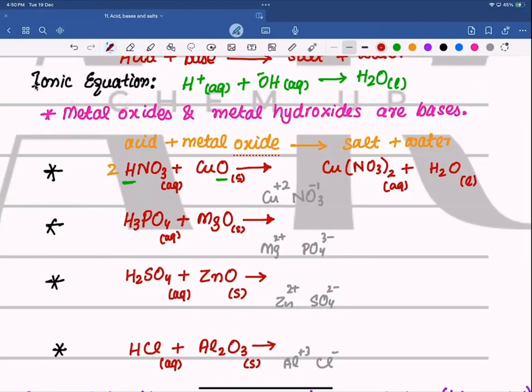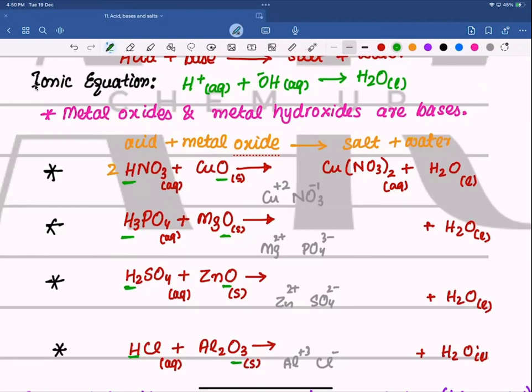Done? Balanced? Okay, so if you see in all of these equations, one thing that is formed is water. And if you identify how the water is formed, you can easily mark that the oxygen and these hydrogens are forming water.